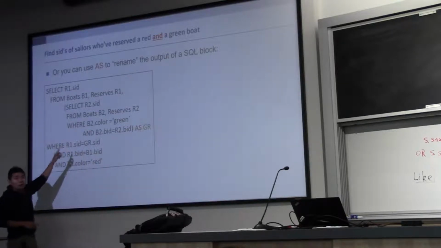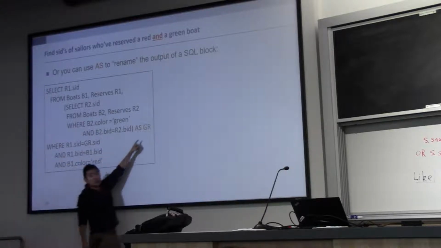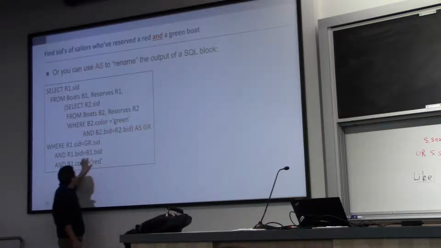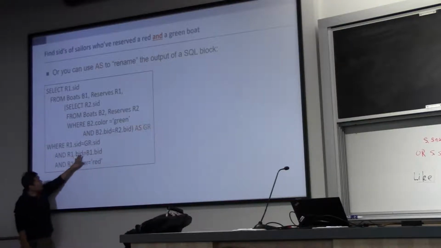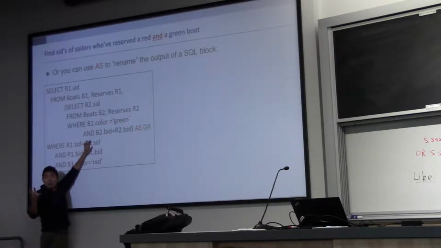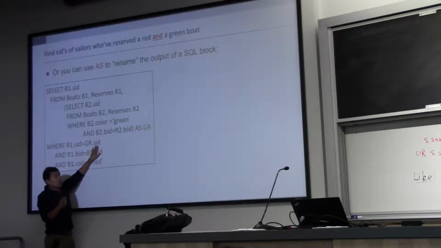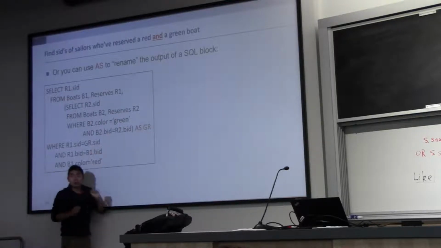The outer block has two relations, which are B1 and R1. Then the third relation is GR. Then my condition is R1 boat ID equals B1 boat ID, B1 color equals red. So far, this part is to find sailor IDs who have reserved what? A red color boat. Then I limit those to join with the sailor ID in the GR. Does that make sense? Okay.